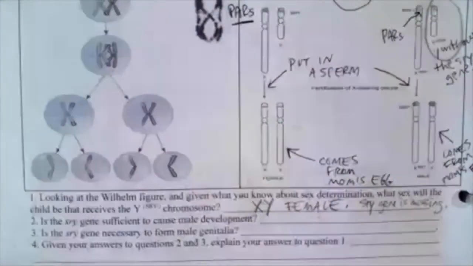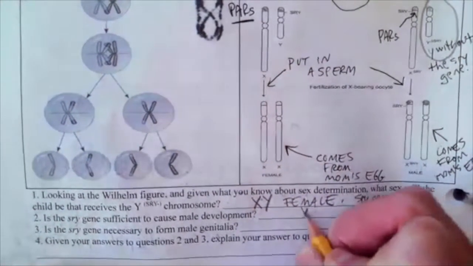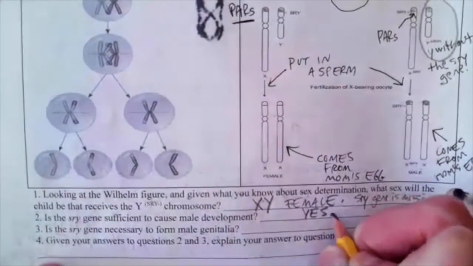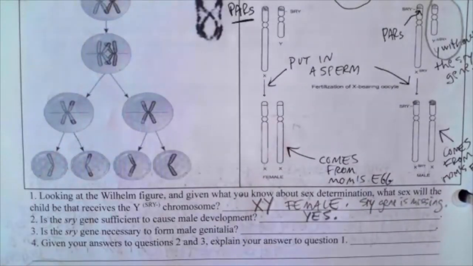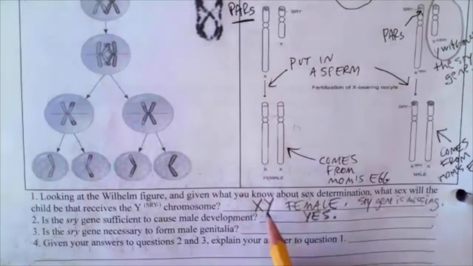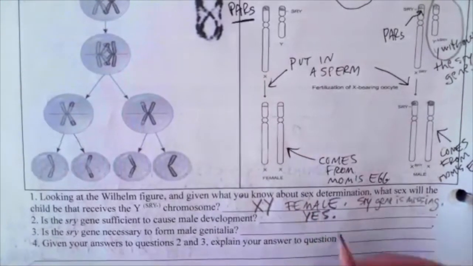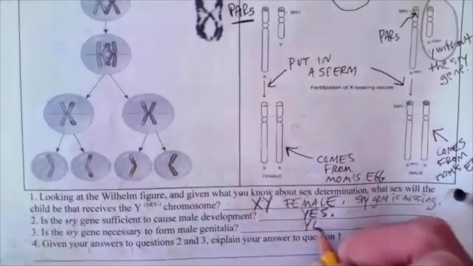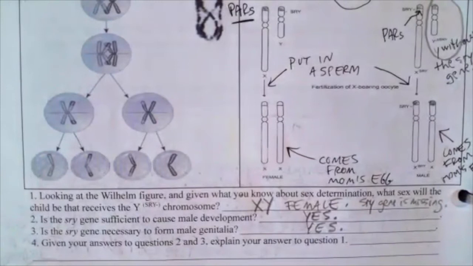Okay. And so actually, I'm going to answer these other questions for you. Is the SRY gene sufficient to cause male development? Yes, actually, it is. That's all you need. Is the SRY gene necessary to form male genitalia? Well, if an XY female is only missing the SRY gene, then yes, it is necessary and sufficient, if the gene is expressed.